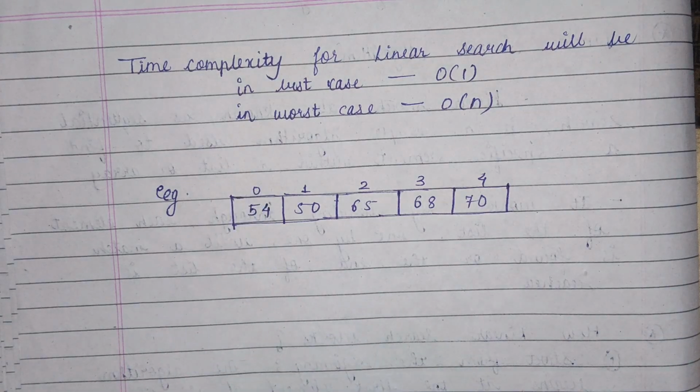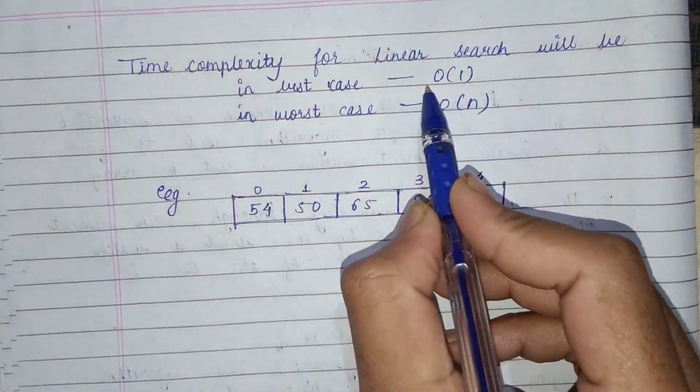And if the element is present at the first of the array or the list, then the time complexity will be better. The time complexity will be constant time, big O of 1.